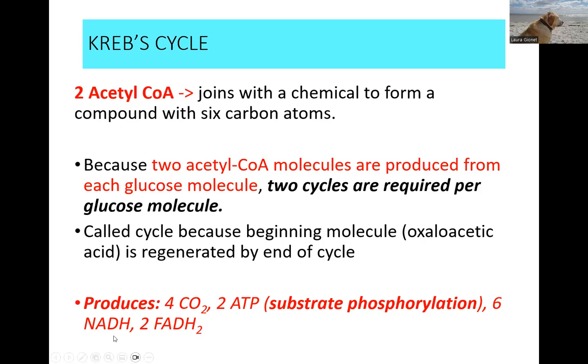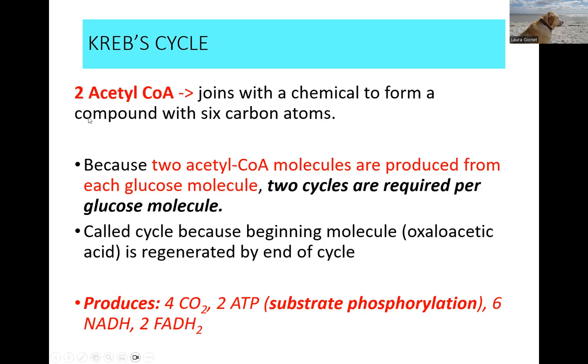We have 6 NADH transporting hydrogens down to the electron transport chain, and a new molecule, 2 FADH2. They're also going to bind to these hydrogens and transport them down to the last phase.